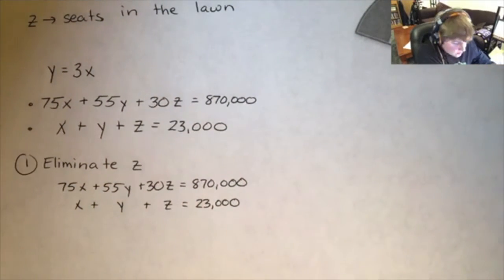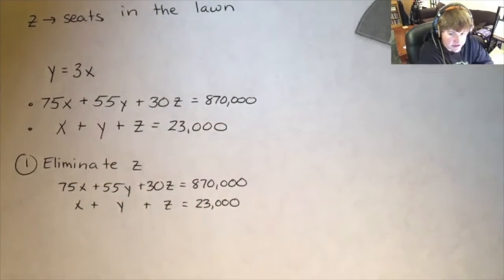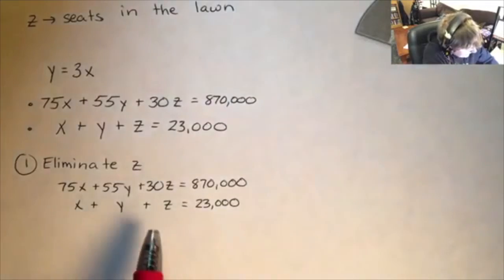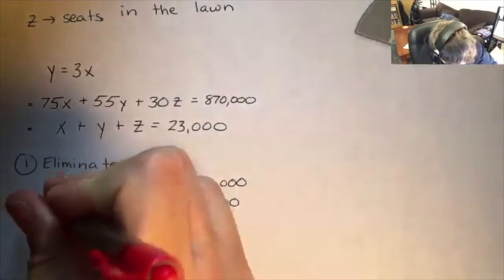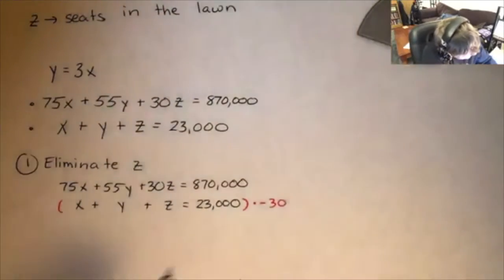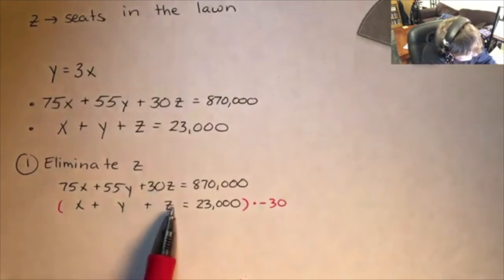Okay, so what do I have to do to create opposites of my z's? Hopefully you're all telling me already in your own minds that you need to multiply this bottom equation by negative 30. That will create opposites. I'll have positive 30z here and negative 30z there.